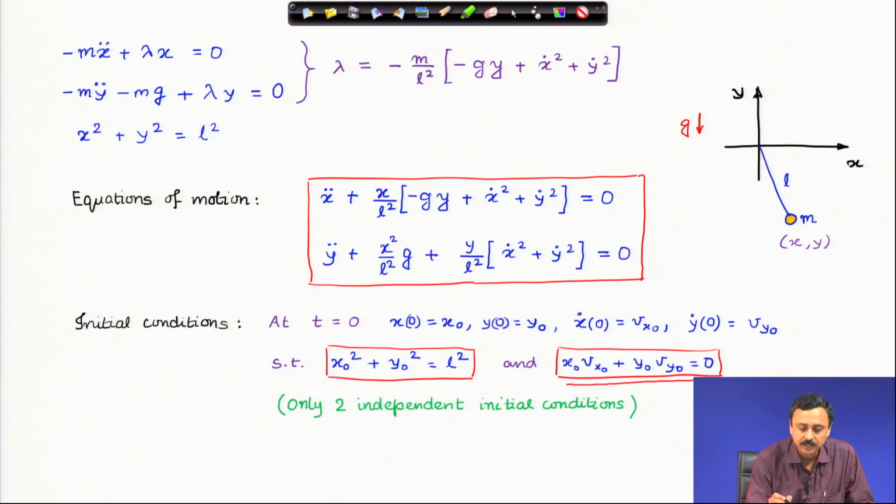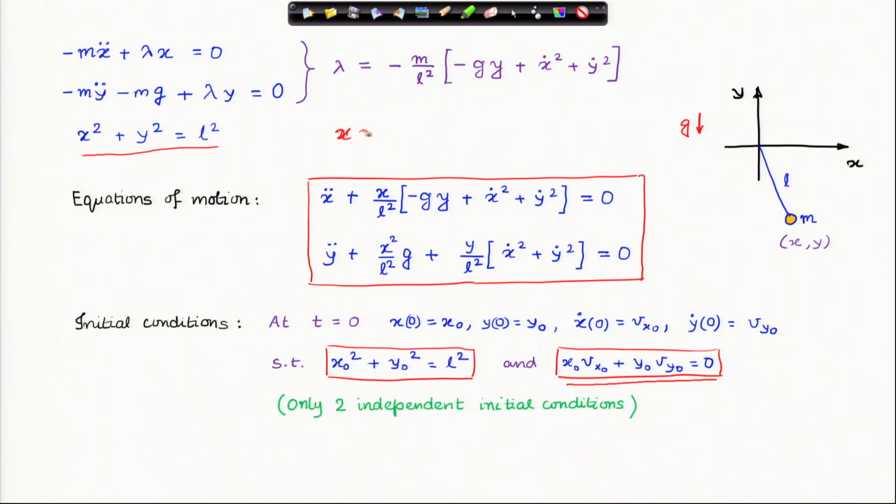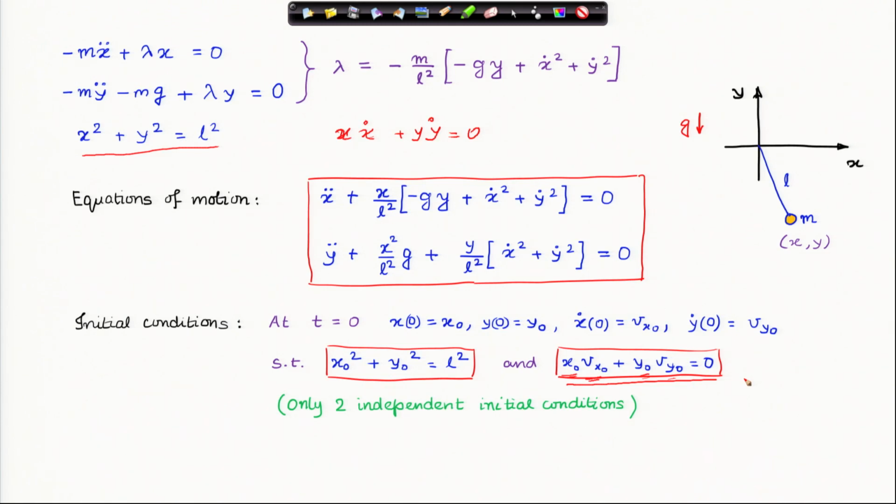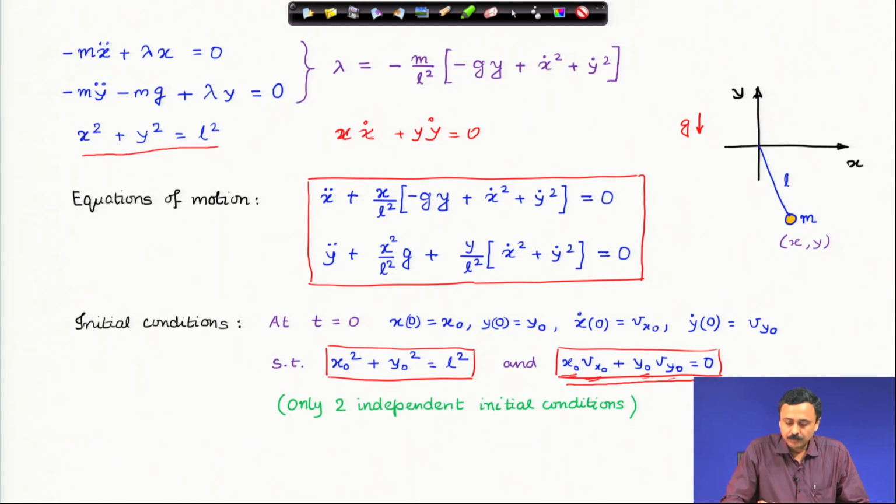And remember, how did we find the velocity relation? We time differentiated the constraint. We obtained x x dot plus y y dot equal to 0, and that is what we have: x naught v x naught plus y naught v y naught equal to 0. Therefore, finally, out of these 4 conditions that I am considering, there are 2 constraints.